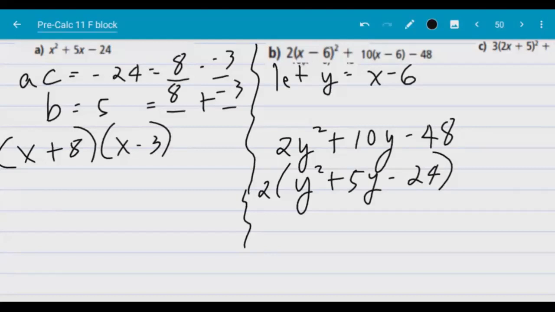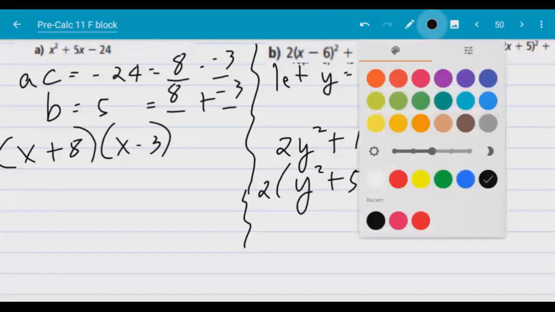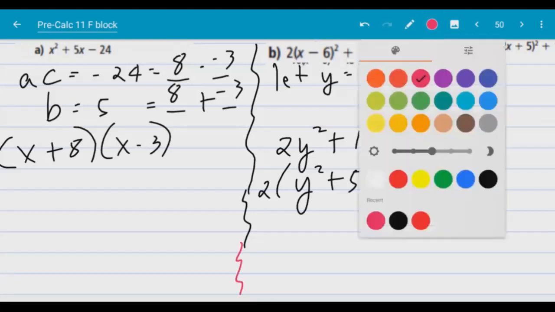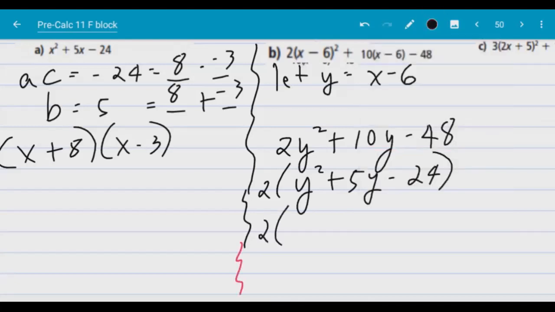Doesn't this trinomial appear to be the same as this one, except for the variable, the x in A, while in letter B, it's a y. That means they should have the same answer, right? They should have the same numbers to work with. So I think if we're going to factor this, we could just have y plus 8 times y minus 3.